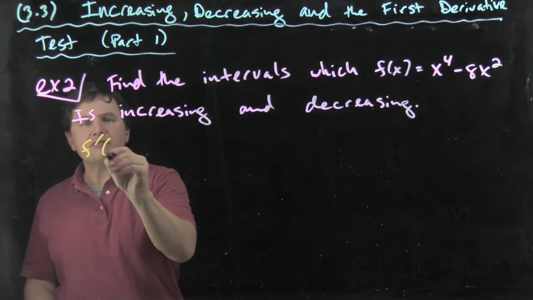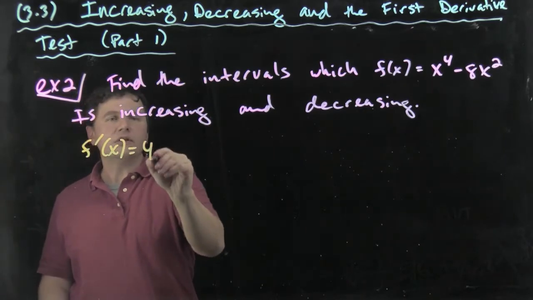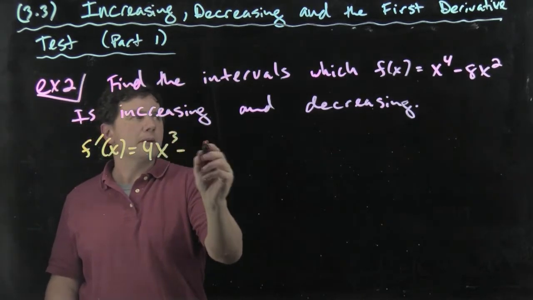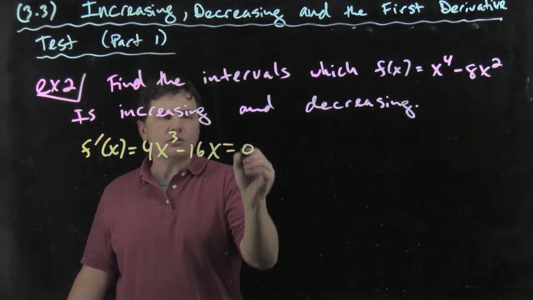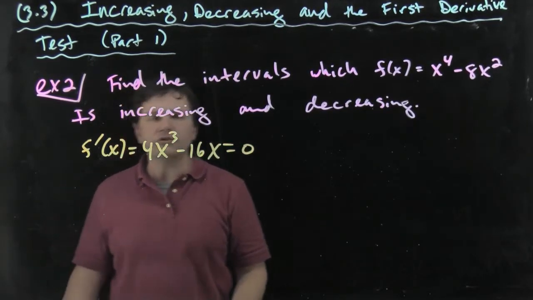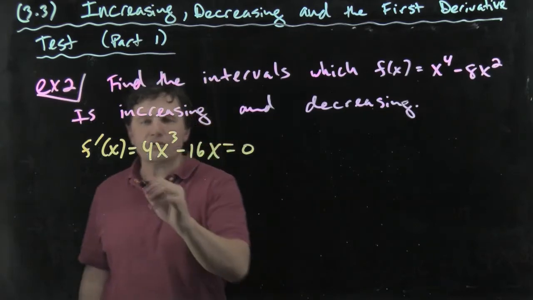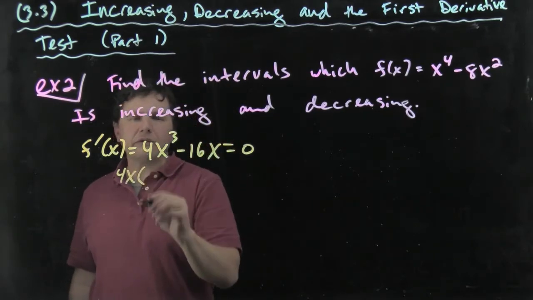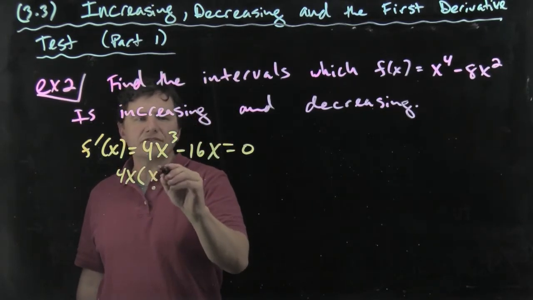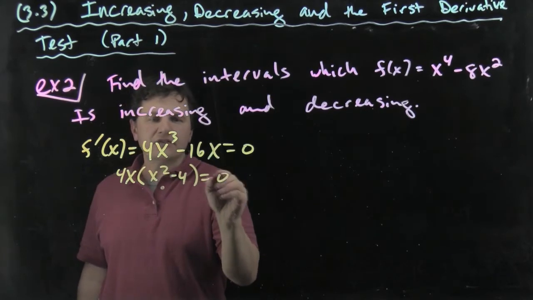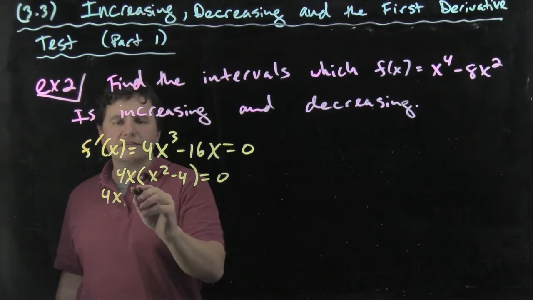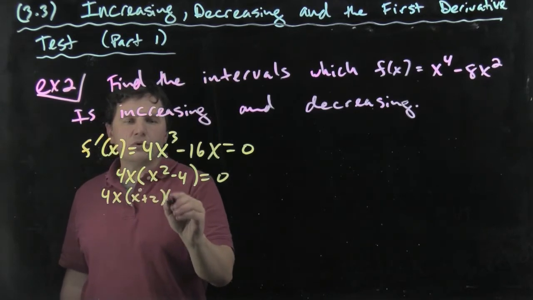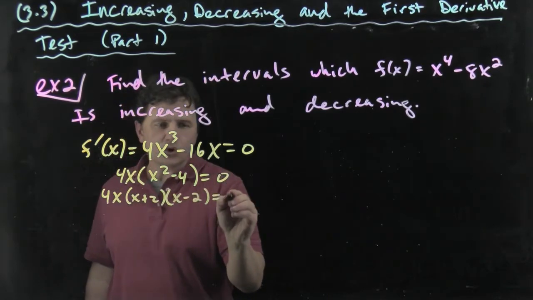So the first thing I'm going to do with this is I'm going to take the derivative. So f prime of x is equal to 4x to the 3rd minus 16x, and I want to know when that's equal to 0. Okay, so we're going to use the zero product property, so we're going to factor out 4x, which leaves me with x squared minus 4 inside, and then of course I can factor this again, so I get 4x(x + 2)(x - 2) equals 0.